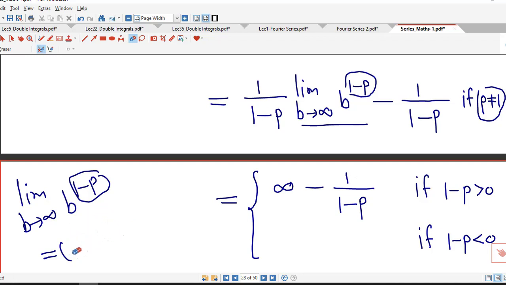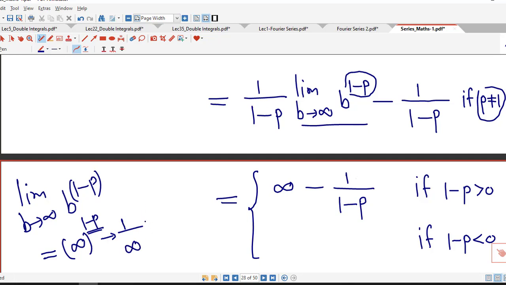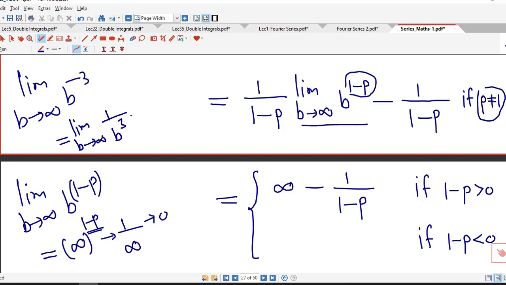Now suppose the power of b is negative, suppose 1 minus p is negative. Then we have infinity raised to 1 minus p, and because 1 minus p is negative, this is 1 over infinity raised to something, so that will tend to 0. For example, suppose 1 minus p is minus 3. Then we have the limit as b tends to infinity of 1 over b raised to 3, which is 1 over infinity cubed, which is 1 by infinity, equal to 0.